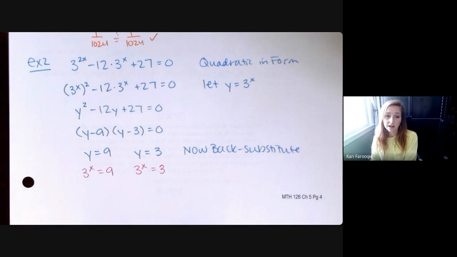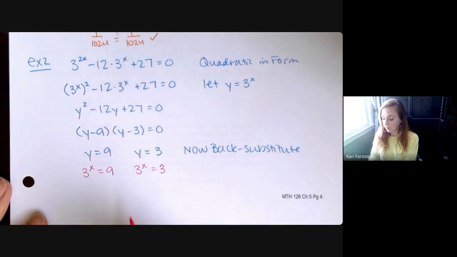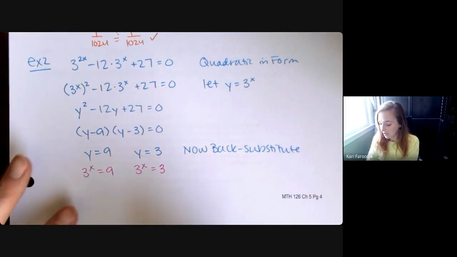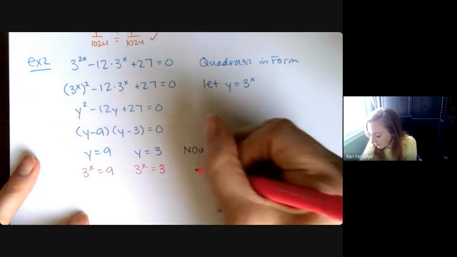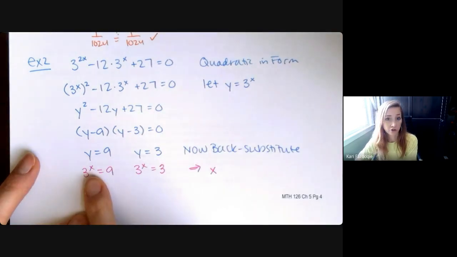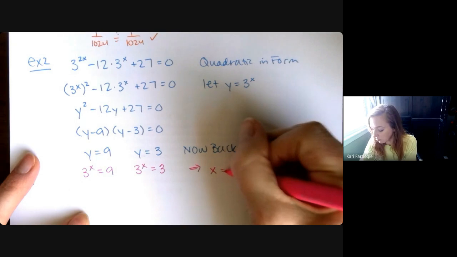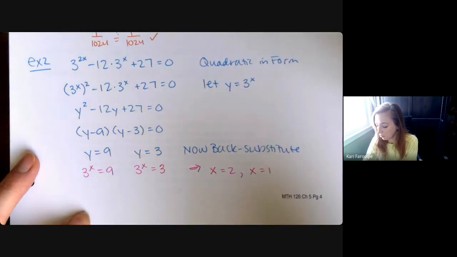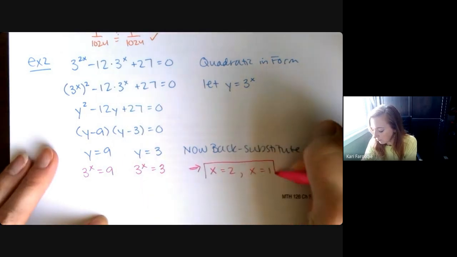I think that at this point, you should be able to tell me what exponents x needs to be in both of these equations to make them true, but you can always go back and use example 1 to do that. We should be comfortable saying that x is 2 because 3 to the second power equals 9 and x equals 1 because 3 to the first power is 3.